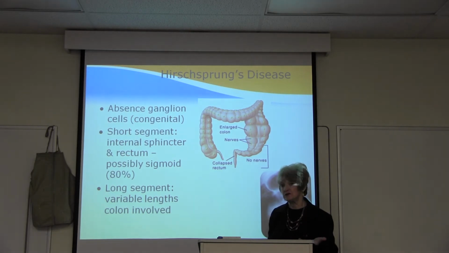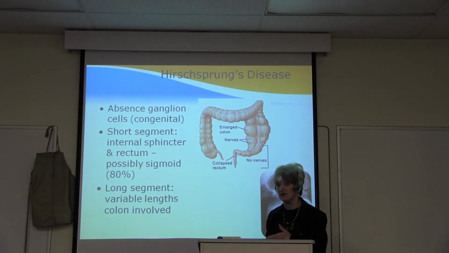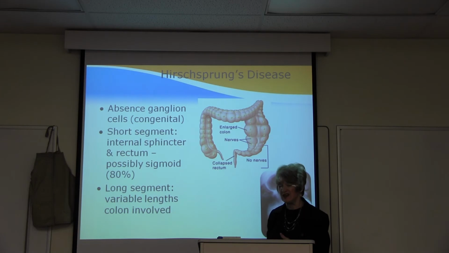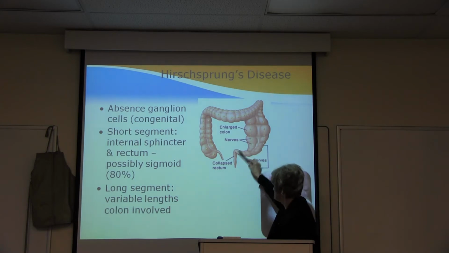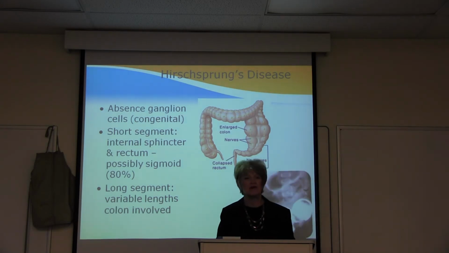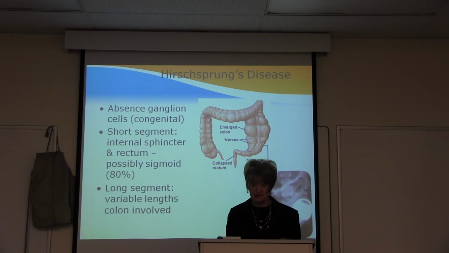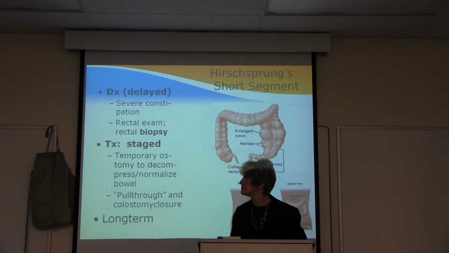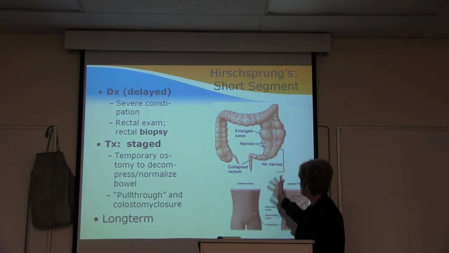About 10% have variable lengths of the colon involved, 10% have total colon aganglionosis, but 80% have this short segment disease. So we're going to focus primarily on short segment disease. We'll talk briefly about long segment. So let's talk short segment.